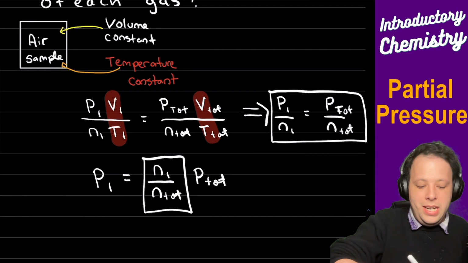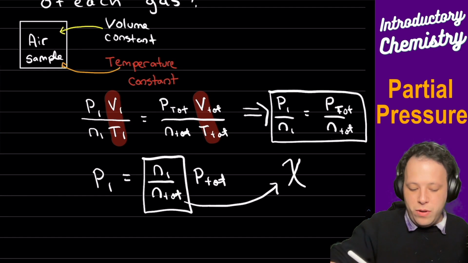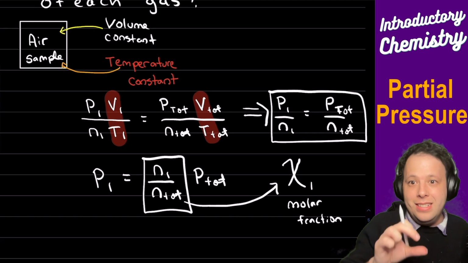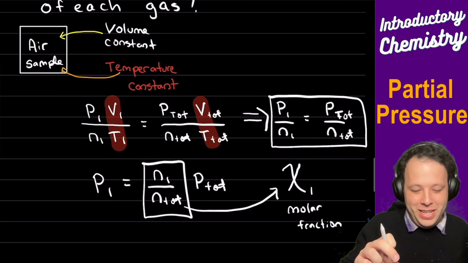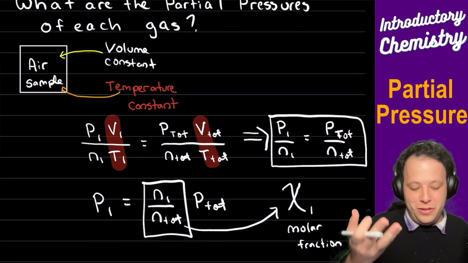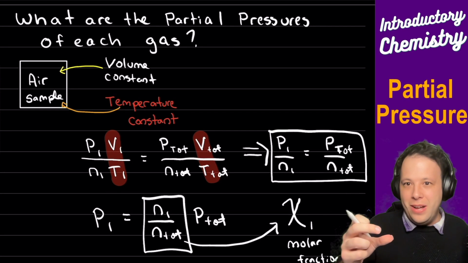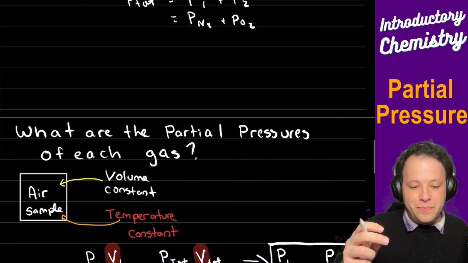This term here, you can commonly see in textbooks as the letter chi, which represents the molar fraction. So it's how much fraction of gas is in your sample. So with that all being said, how can we figure out the partial pressures? Well, we can use our different amounts of moles from our original problem.